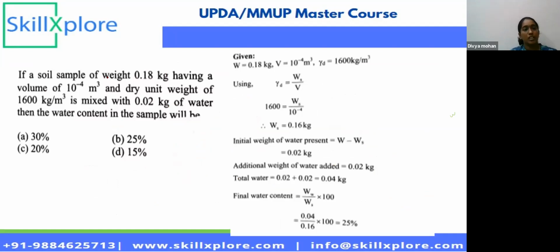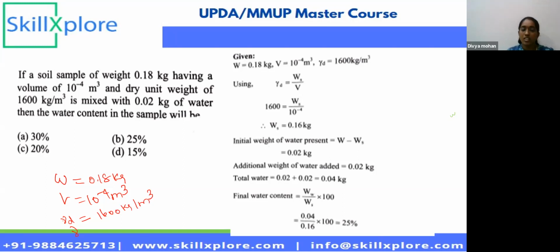Here the soil sample weight is 0.18 kg, the total weight of soil. The total volume is 10 to the power minus 4 meter cube. We should be very careful about the notation used. This is V. The dry unit weight, gamma d, is 1600 kg per meter cube, and it is mixed with 0.02 kg of water.